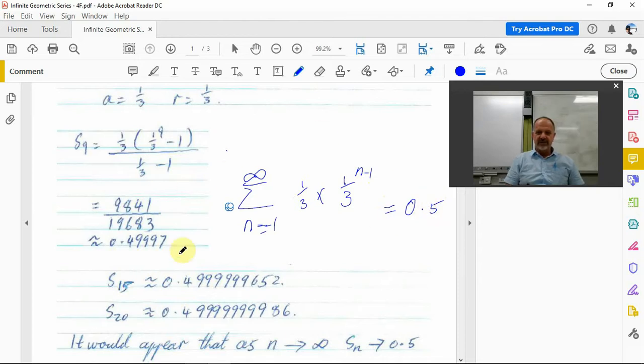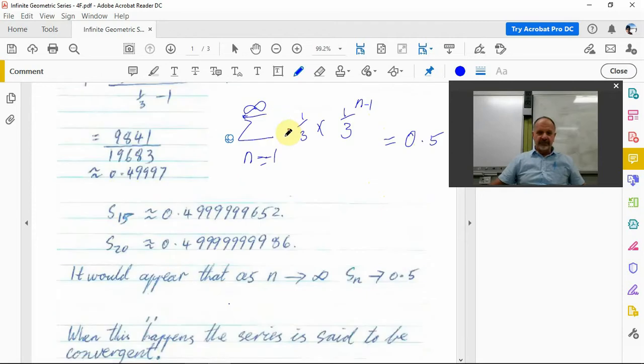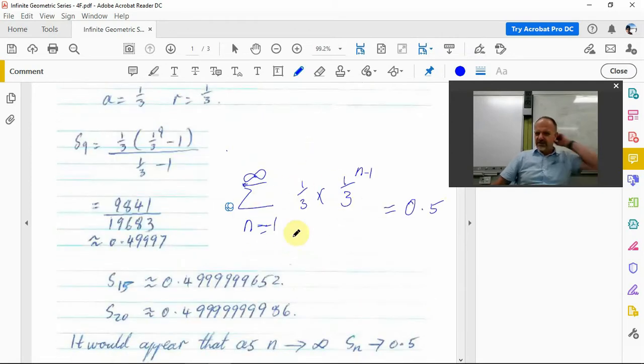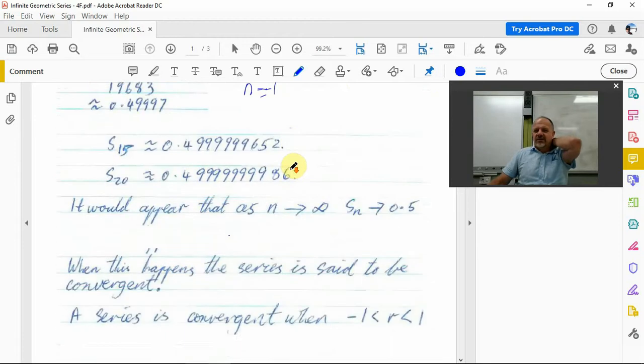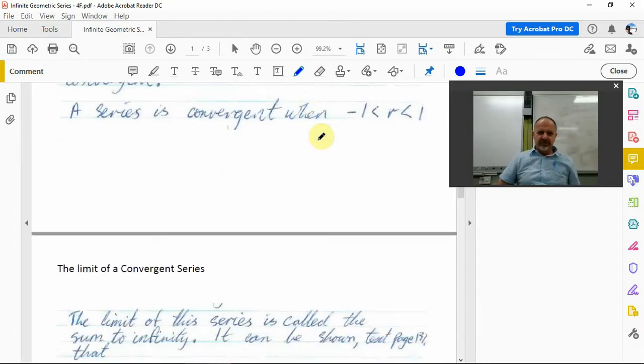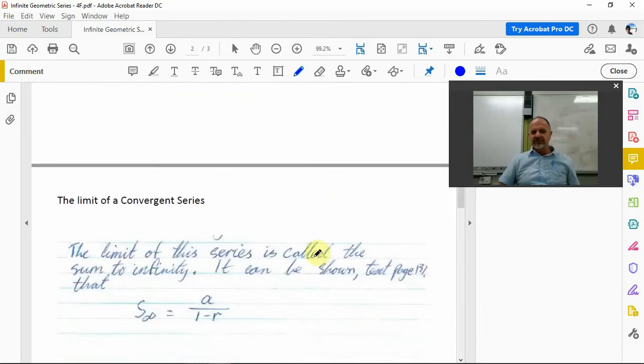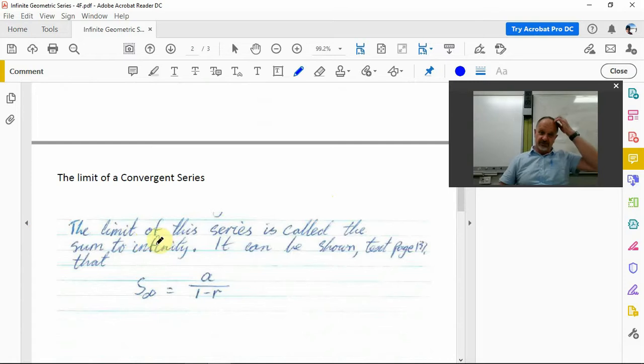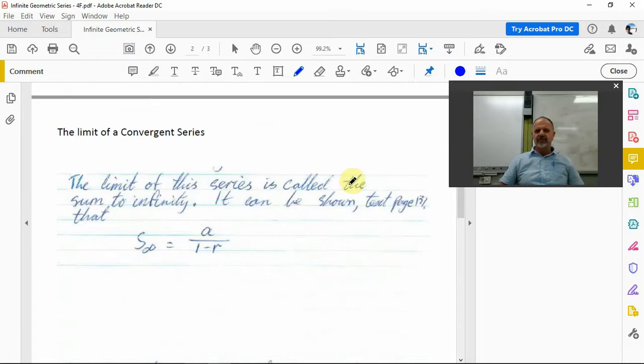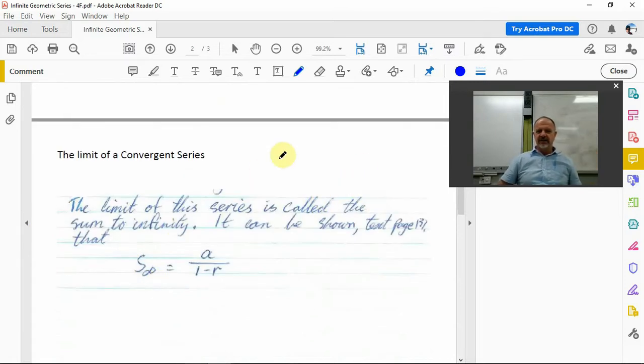So that's the funky mathematical way of writing this. Now to work all of that out is quite time consuming. So what we have is the limit of this convergent series is called the sum to infinity. So S infinity, as it says there.